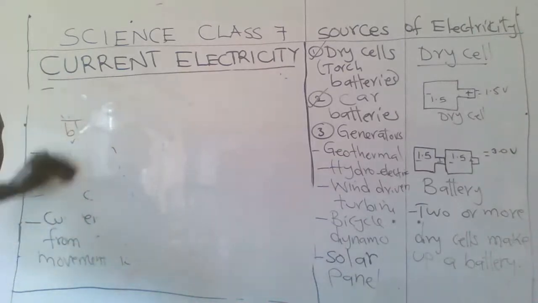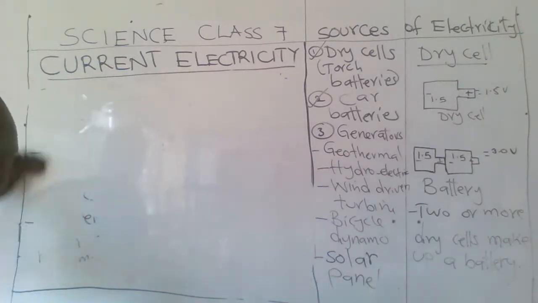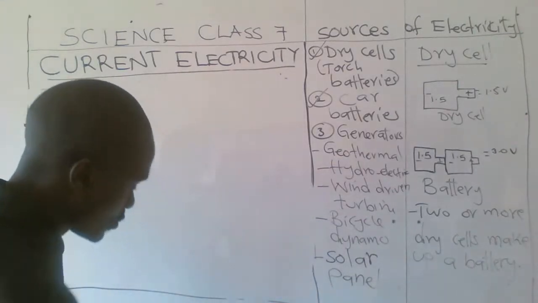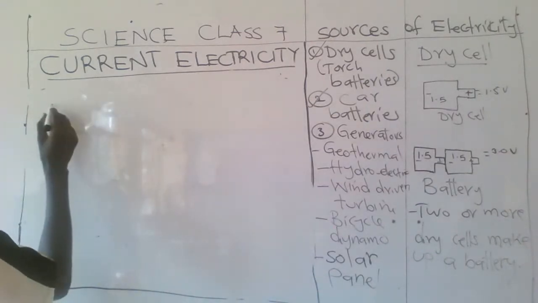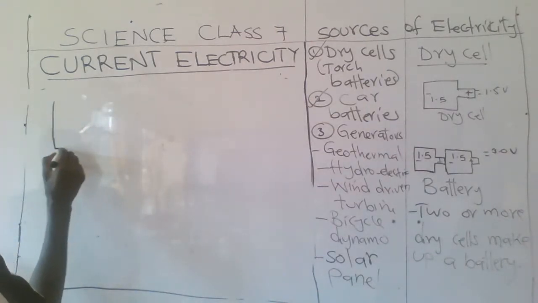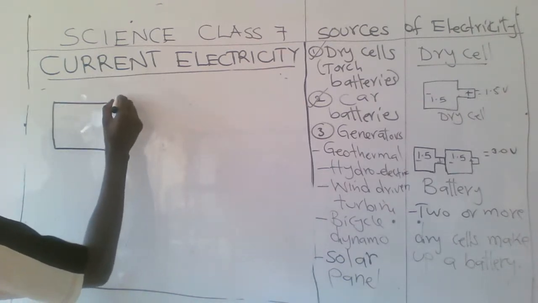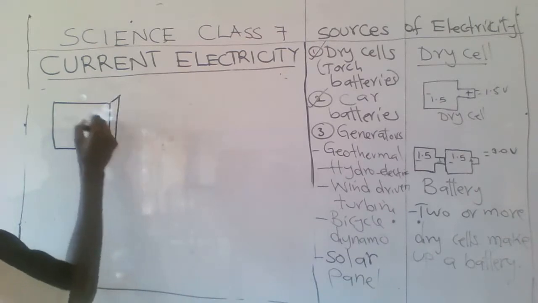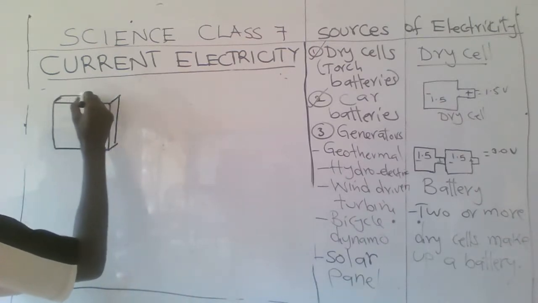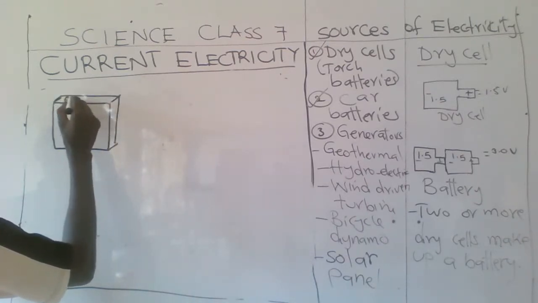And I hope most of you have interacted with a car battery and seen its look. Let me just draw a sample here for those people who may find it hard to reflect back or to see what it is.